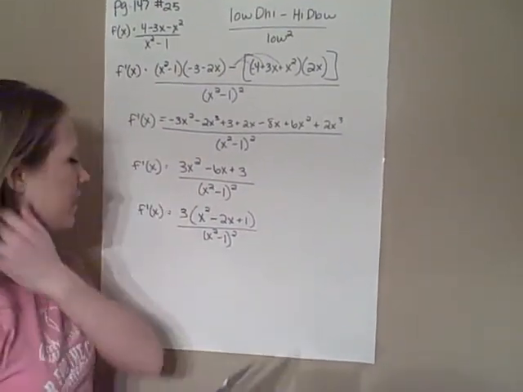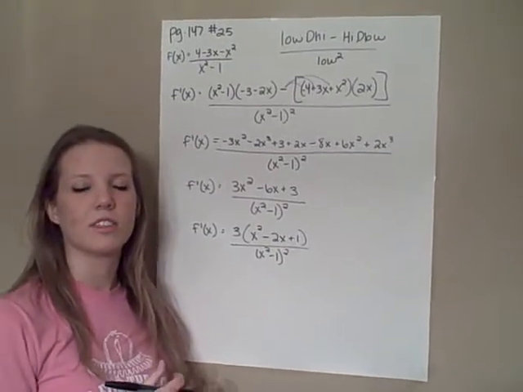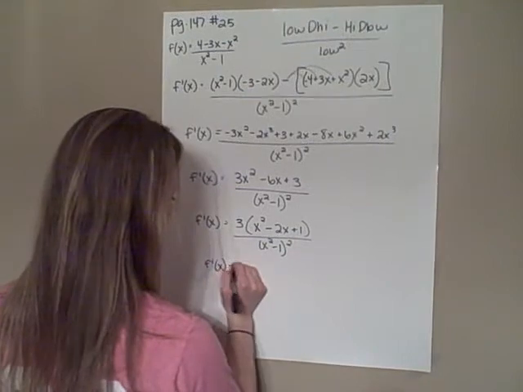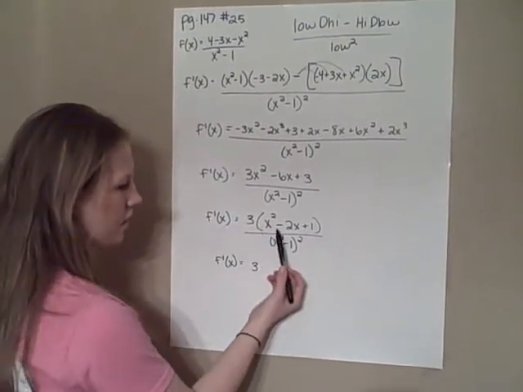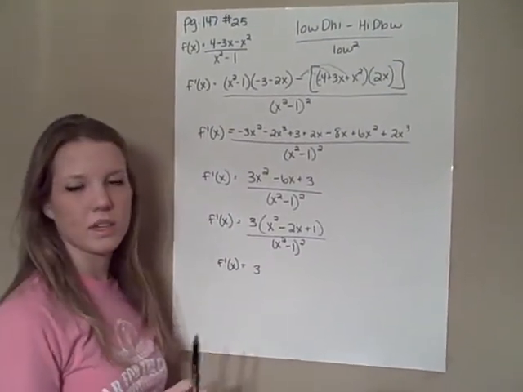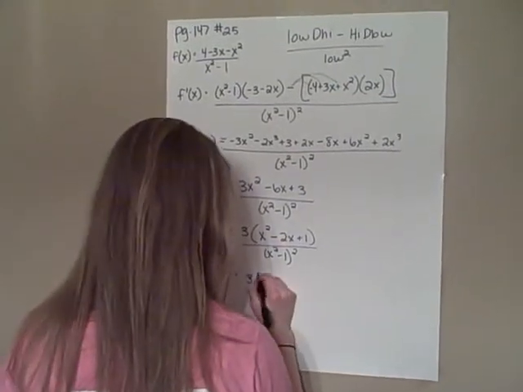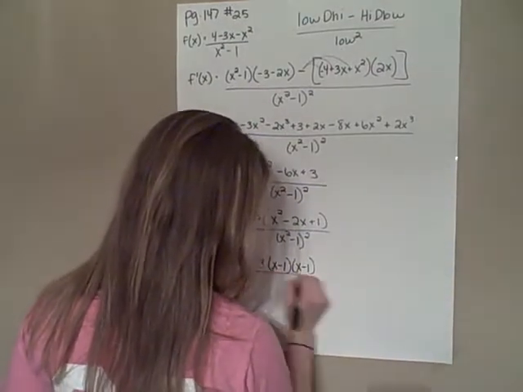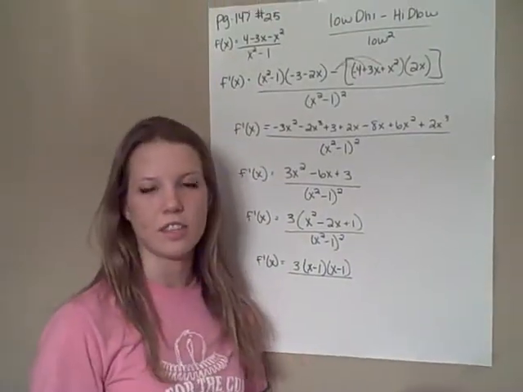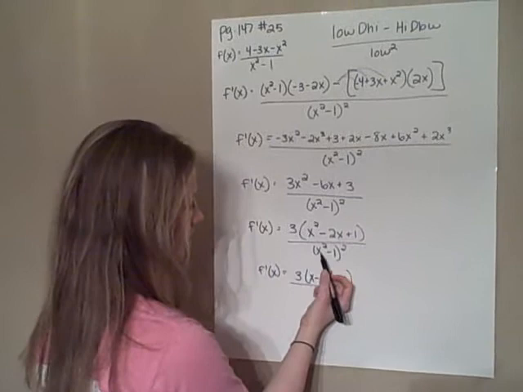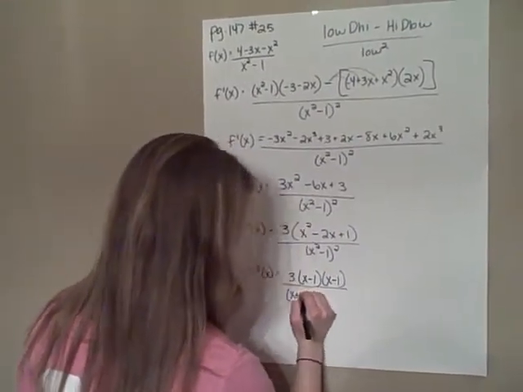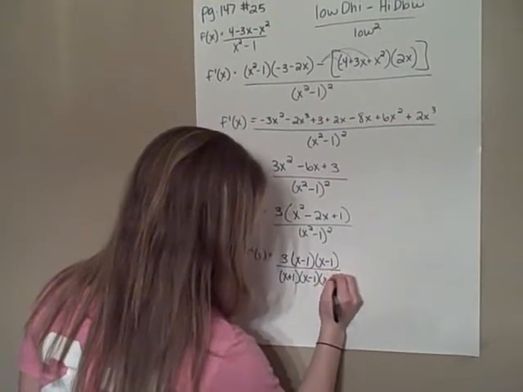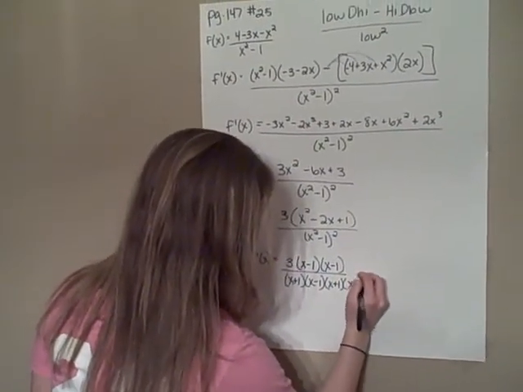Okay. Next, we're going to simplify further by factoring this trinomial, which will give us x minus 1 times x minus 1. And now we're also going to factor low to see if anything can cross out. So when we factor low, we have x plus 1, x minus 1, x plus 1, x minus 1.